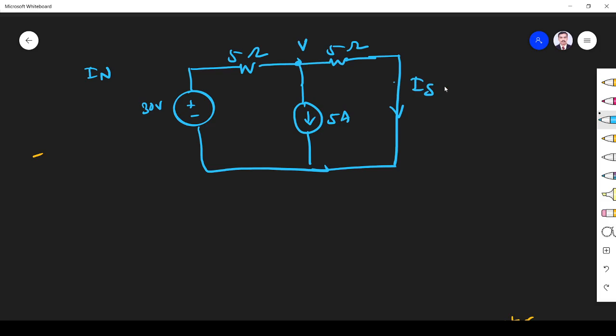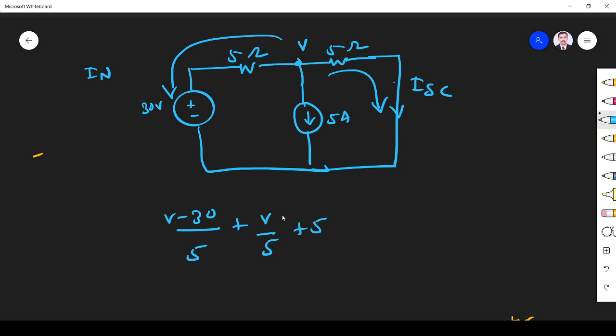So I apply KCL at node V. It is (V minus 30) by 5 plus V by 5 plus 5. For this branch, V minus 30 by 5. This is V minus 0 by 5.